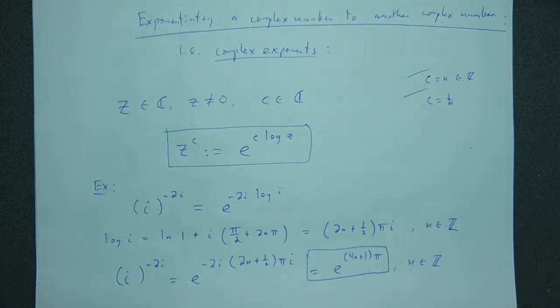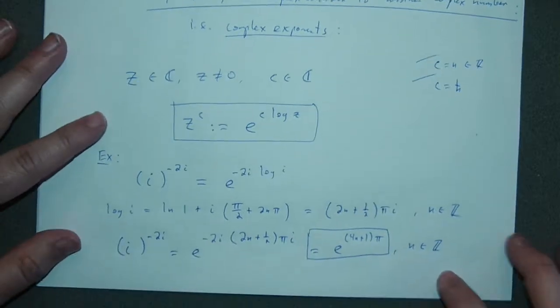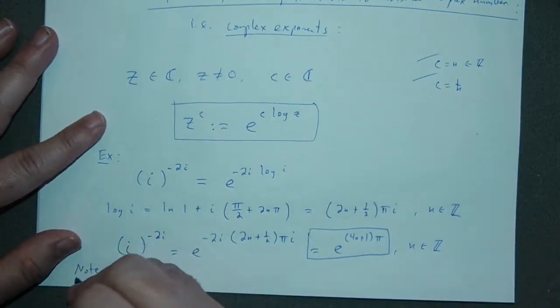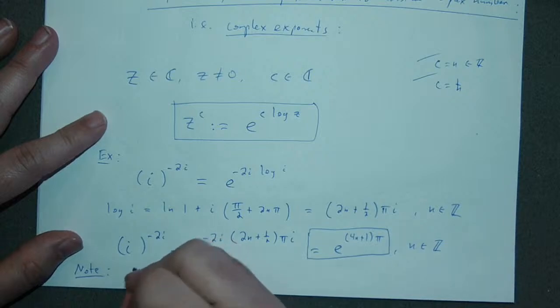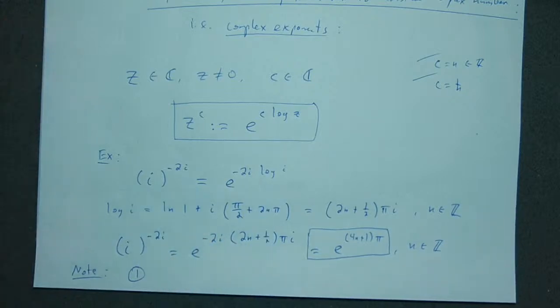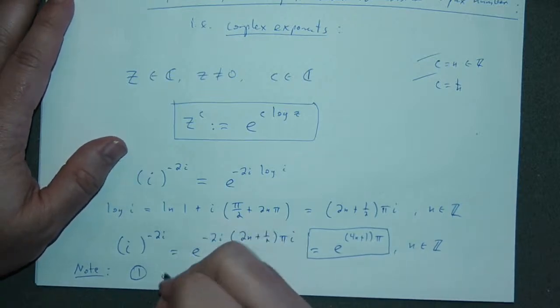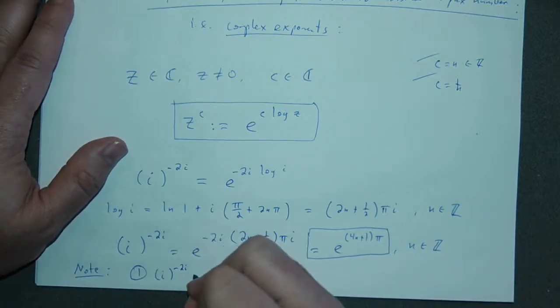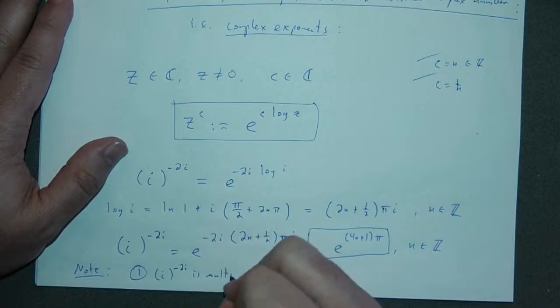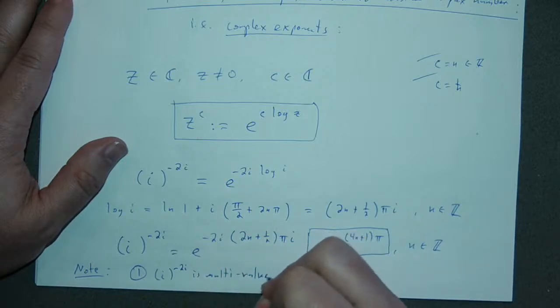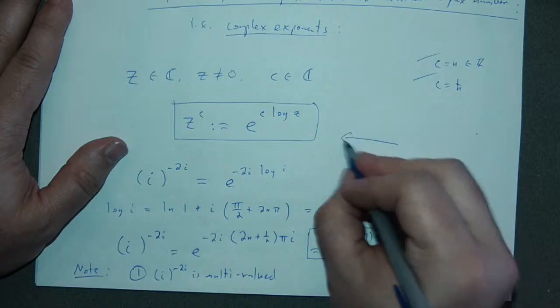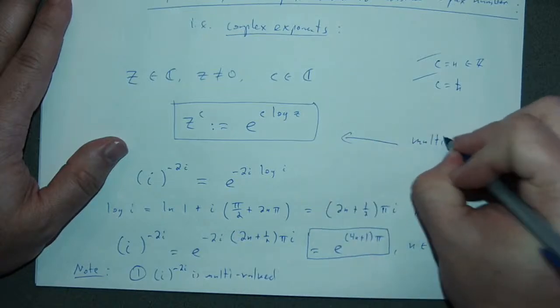So I want to note a couple of things here. The first thing to notice is that exponentiating complex to complex can have multiple values. In fact, this is typical. So i to the minus 2i is multi-valued, and in general, we can make the statement that this is going to be multi-valued.